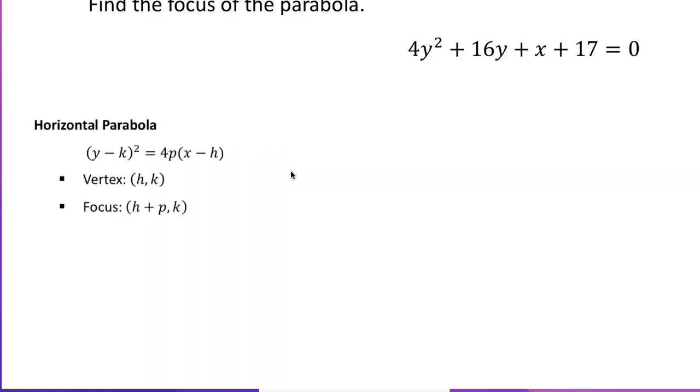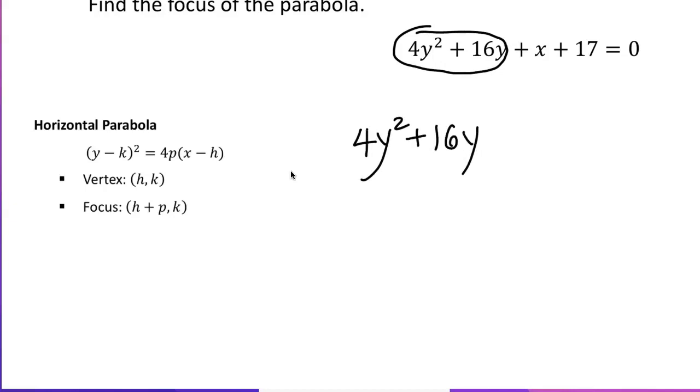I am going to keep these y's, these two, here. I'll keep 4y squared plus 16y on the left-hand side. But the x's, I think I'm just going to make this one go with the x while at it. Let me just send these two to the other side, okay?